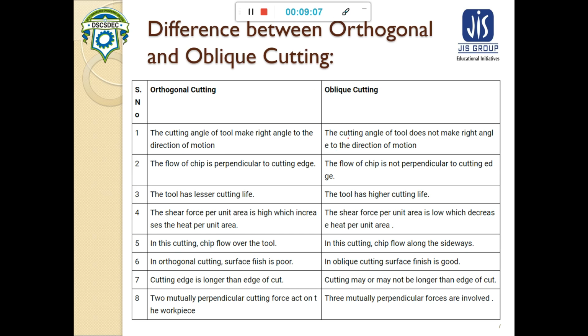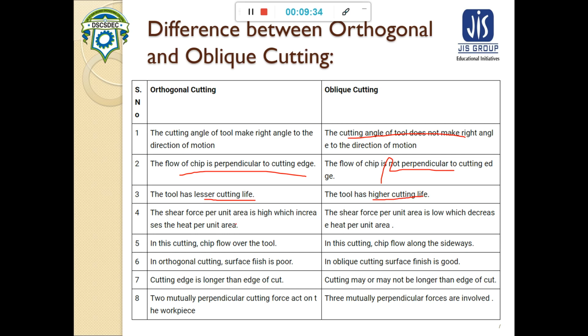In oblique cutting, the cutting angle of the tool does not make a right angle with the direction of the motion. In orthogonal cutting the chip flow is perpendicular to the cutting edge; in oblique cutting the flow is not perpendicular to the cutting edge. Orthogonal cutting has lesser tool life, but in oblique cutting the tool life is higher.